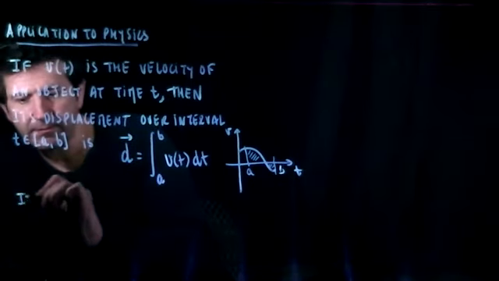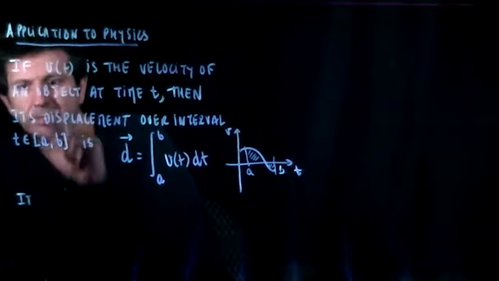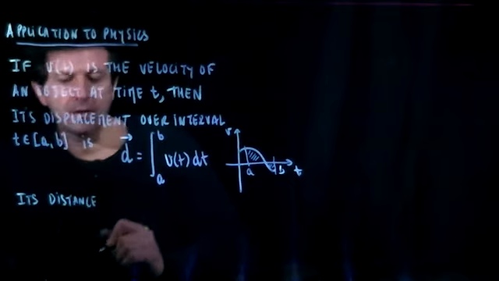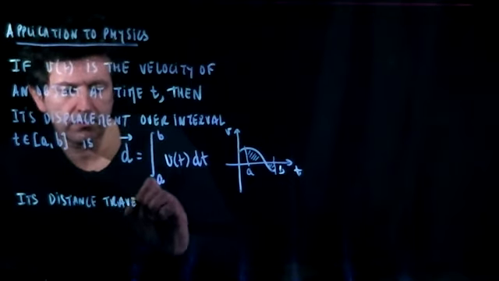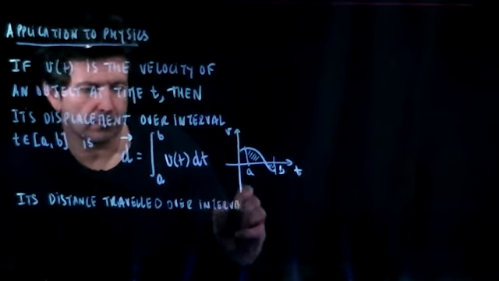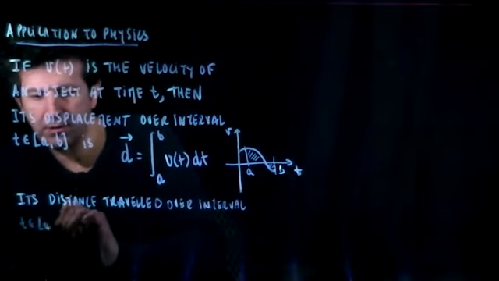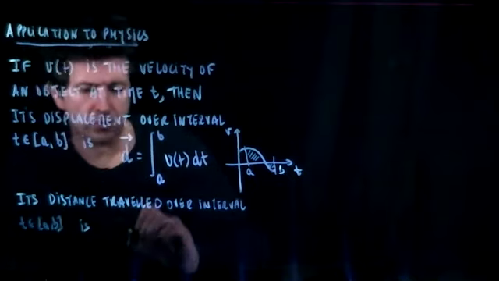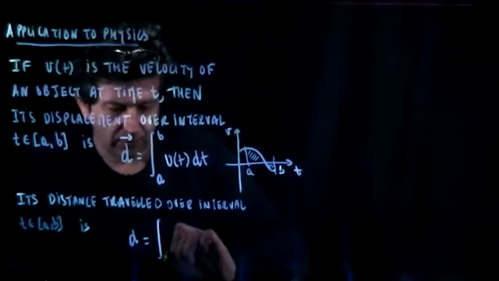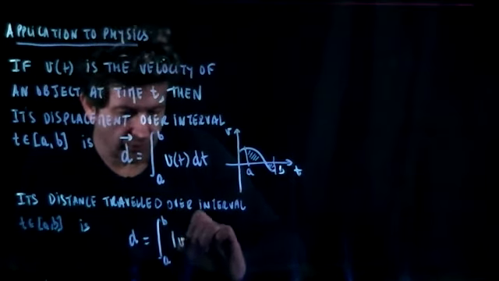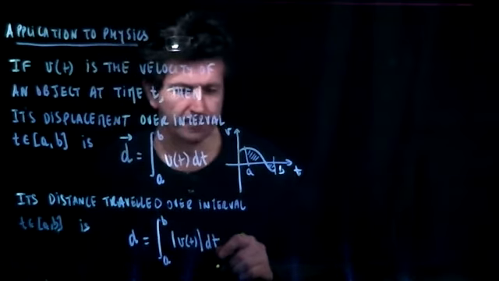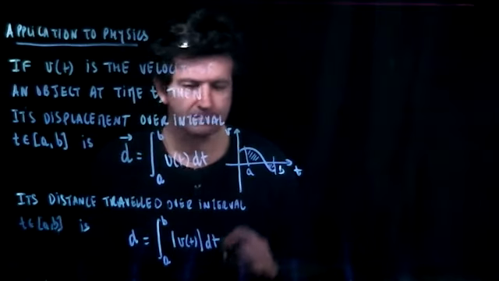But the distance traveled, again over the interval t in [a, b], now this is not a vector anymore, is the integral from a to b, and now you have to take the absolute value of the velocity.